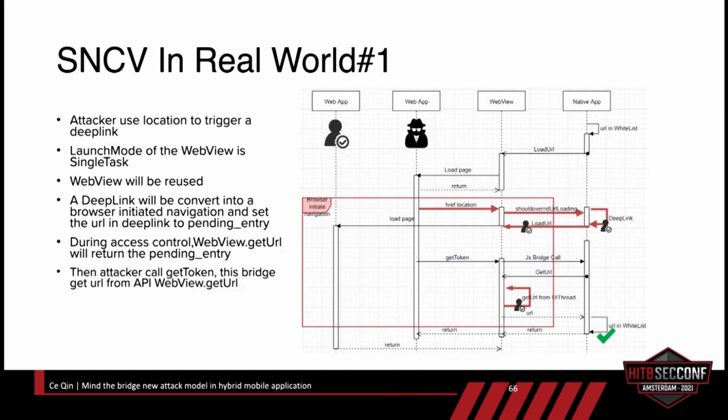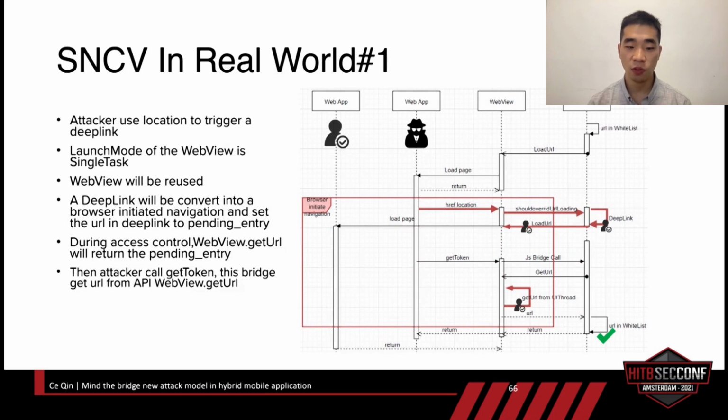The attacker uses location to trigger a deep link, and the launch mode of the WebView is single task, and this deep link will be converted into a browser-initiated navigation, and the WebView will be reused.